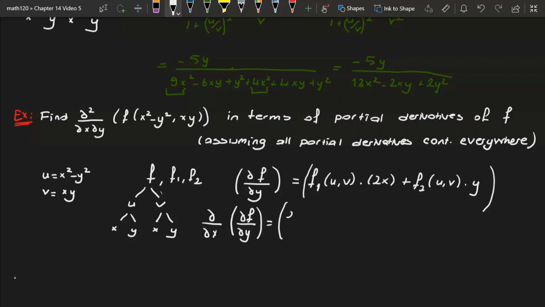Derivative of f1 with respect to the first component times the derivative of u with respect to x, which is 2x, plus the derivative of f1 with respect to the second component times the derivative of v with respect to x, which is y, times 2x, here we have 2x, plus f1 of uv, here I'm applying the product rule, times the derivative of 2x, which is 2.